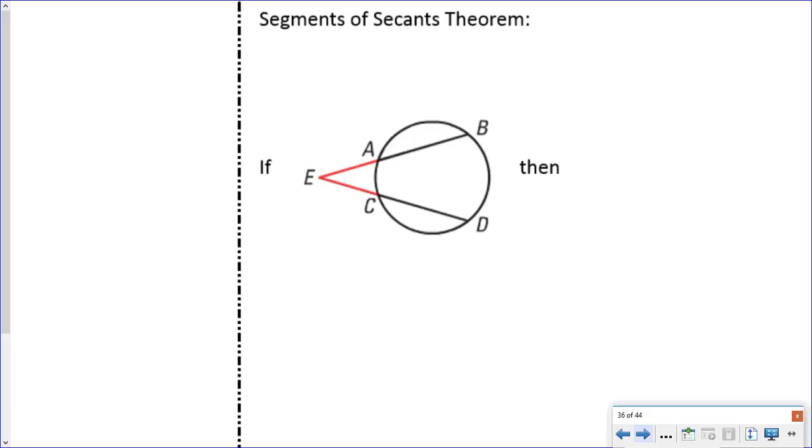Then here's what that says. It says if you take the outside piece, EA, and times it by the whole secant, EB, whatever these numbers represent, that's going to equal the outside piece of the other secant, EC, times the whole secant from E to D.